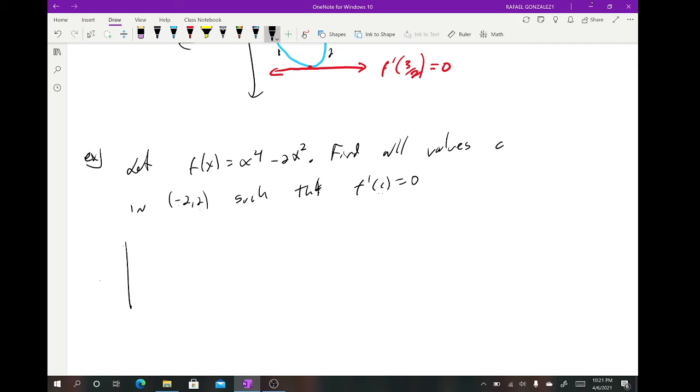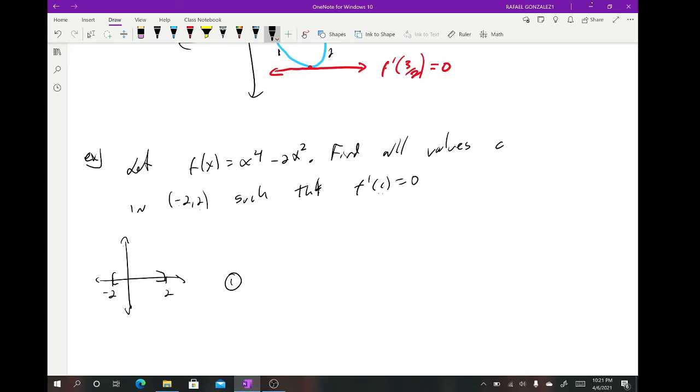Now, our interval is looking like this. We have a function. We don't know what's going on with the function because I haven't plotted it, but we know that what we're looking at is between the closed interval -2 to 2. Now, first thing you always want to do, understanding the fact that we have Rolle's theorem now under our belt, is understanding the hypothesis of the theorem.